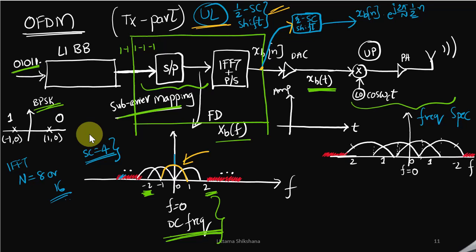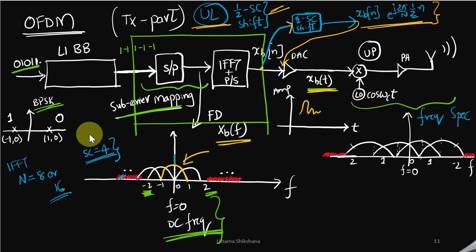We can do this half subcarrier shift using the properties of the Fourier transform. If we want to shift the spectrum by half a subcarrier, then we can do this operation: e to the power of j 2 pi by N times half, which corresponds to half subcarrier, times n.